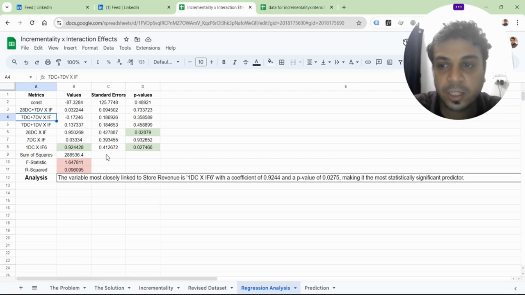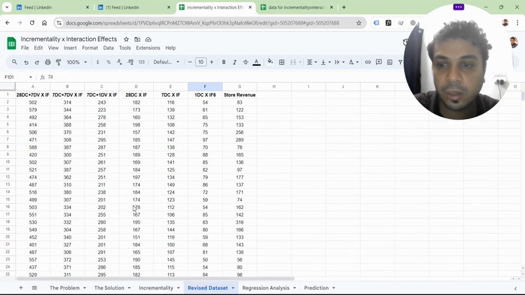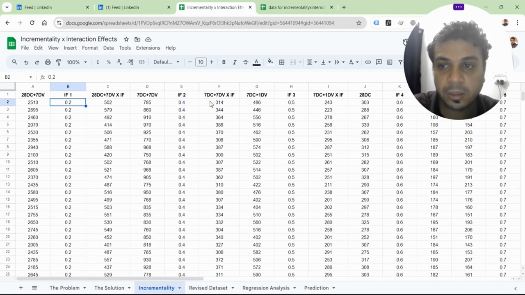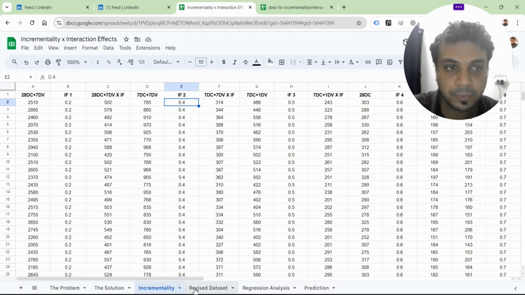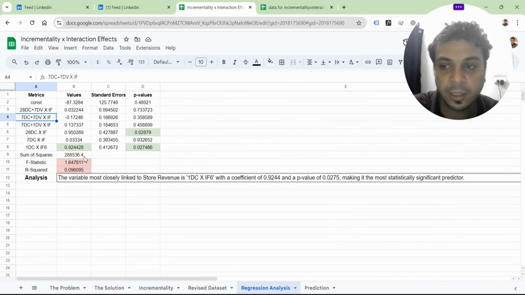So what you can do is play along with the different incrementality factors. You can change around different values here in this model for incrementality factors, and see which one is working best, which one is giving you the highest R squared and a higher F statistic value.